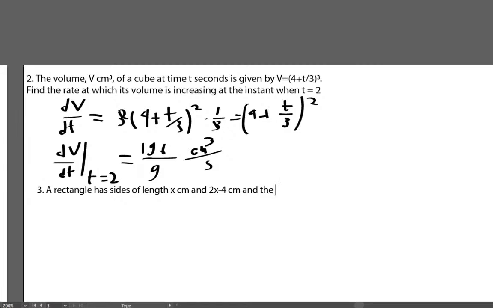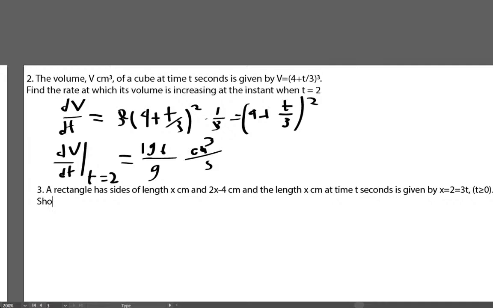And the length x centimeter at time t seconds is given by x equals to 2 plus 3t. T is obviously bigger than equal to 0.